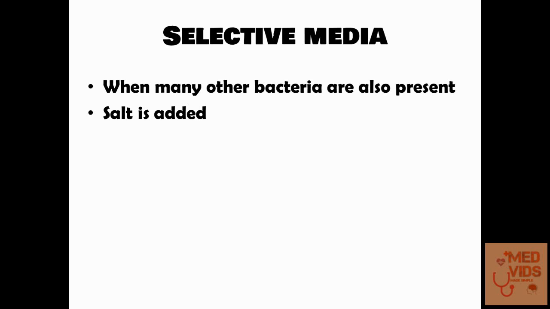Sodium chloride is known to kill many bacteria present along with Staphylococcus aureus in the sample obtained from patients, but Staphylococcus aureus is resistant to sodium chloride, so it is not killed. So it's helpful in eliminating the other bacteria and obtaining a selective diagnosis of Staphylococcus aureus.